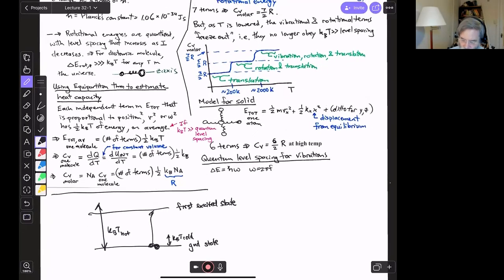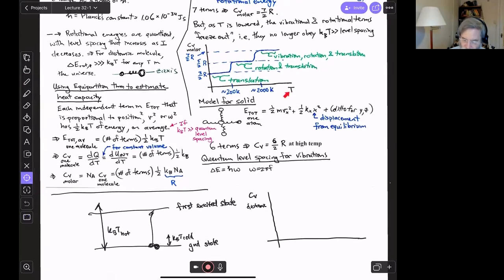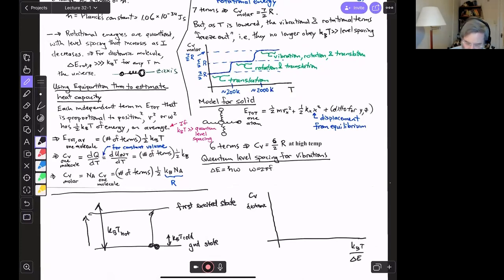So I'm going to regraph the diatomic heat capacity at constant volume for diatomic gas. And in this case, I'm just going to concentrate on that top part. And instead of the horizontal axis just being temperature, I want to think of it as kBT divided by the quantum level spacing, delta E. So I'm just changing the scale a little bit.